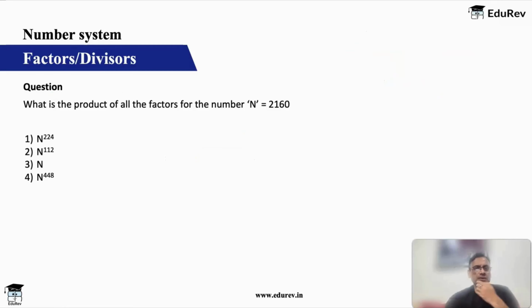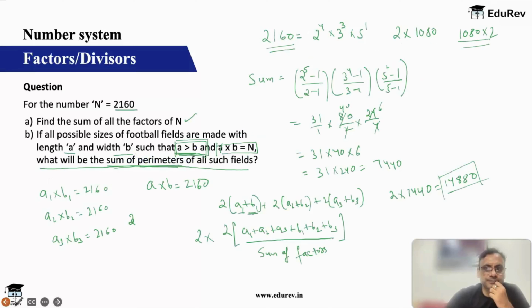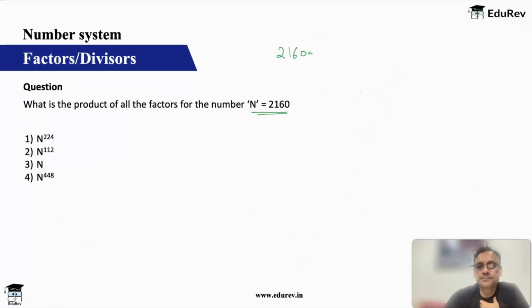So if I look at a question here, what is the product of all the factors when n is equal to 2160? So 2160 was equal to 2 to the power 4, 3 cube, 5. So the total number of factors is equal to 5 into 4 into 2, which is 40.